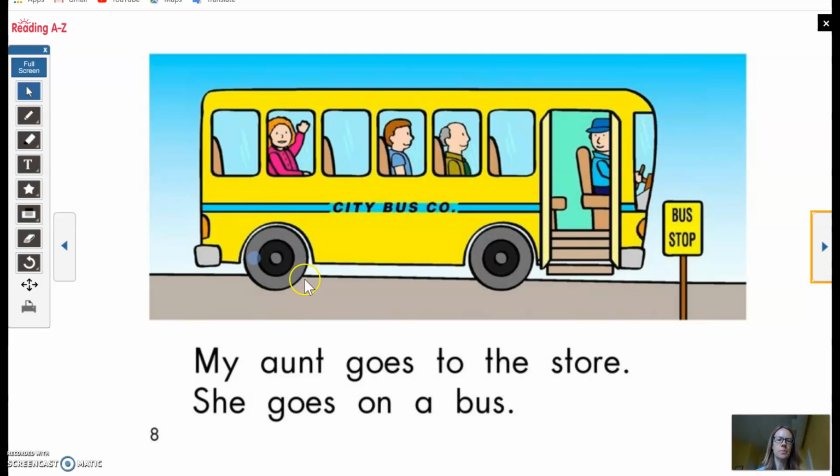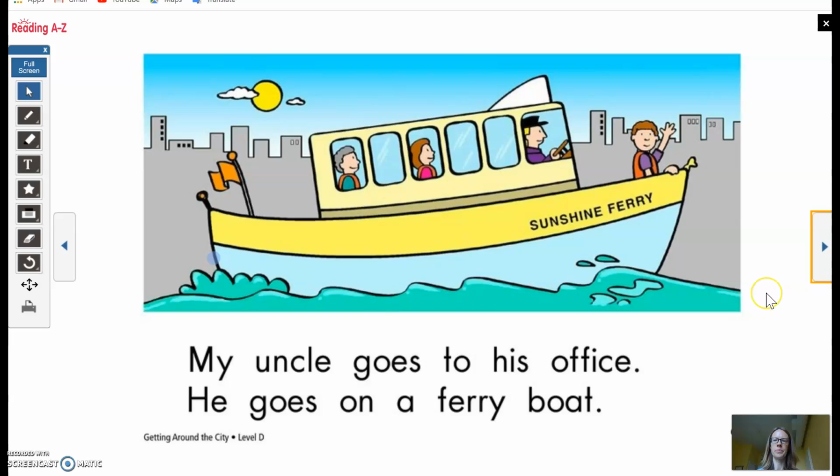Let's read together. My aunt goes to the store. She goes on a bus. Here is the aunt. In Spanish, aunt is tia. This is the aunt. Here's the word in English. You read.